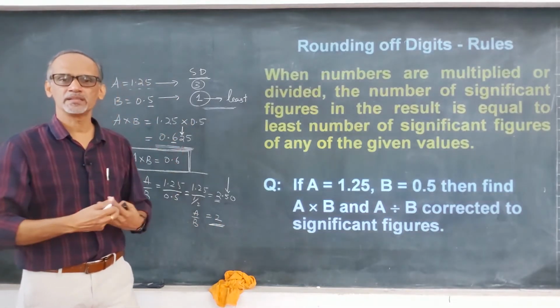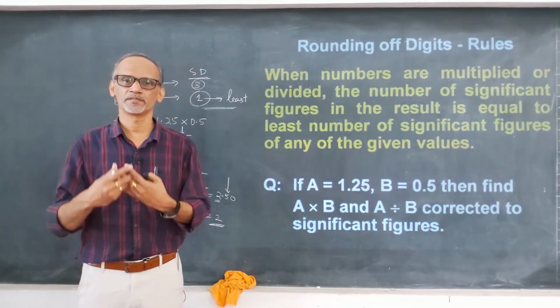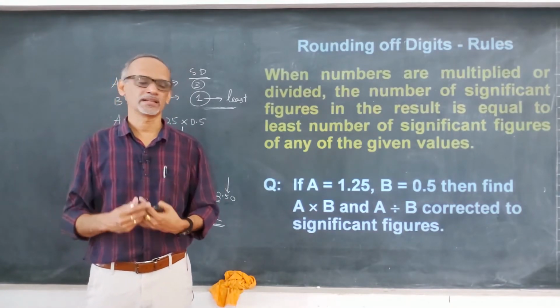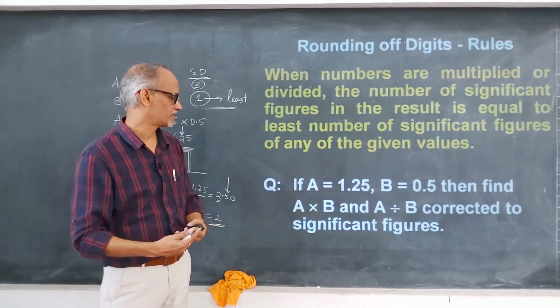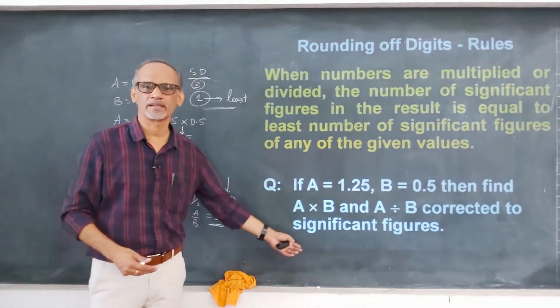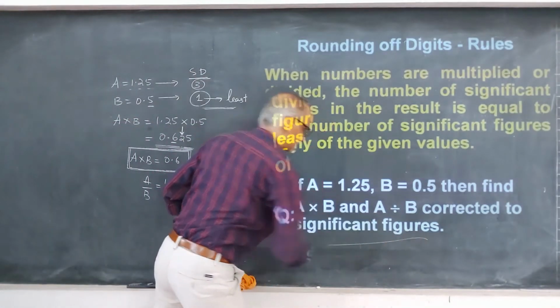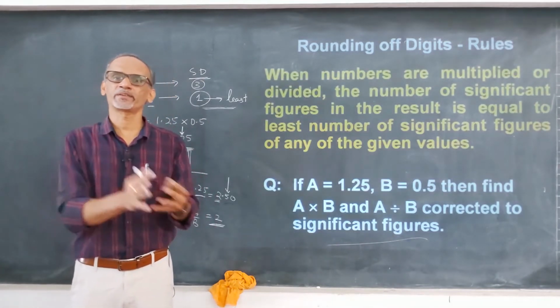See, these are the rules which we follow. Keep in mind, if at all they ask, if A is 1.25 and B is 0.5, then find A into B and A divided by B corrected to significant figures. See, this question should be there. They should ask like this: find the answer corrected to significant figures.